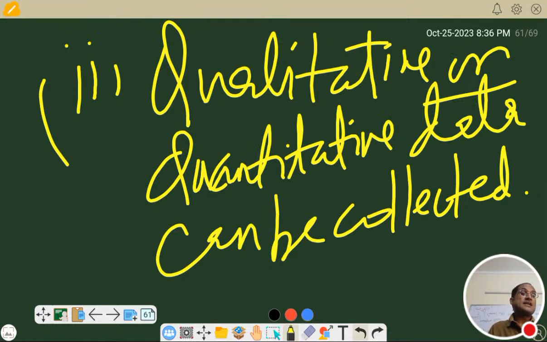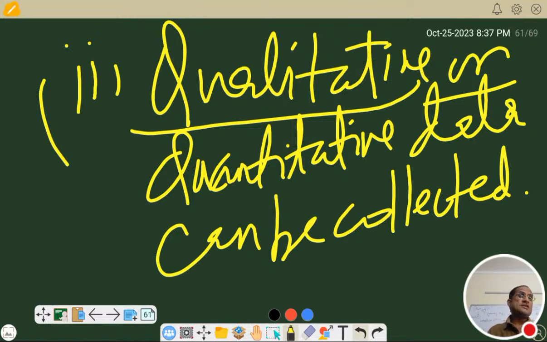This is called smartness. Qualitative and quantitative. Again, the study can be done about the severity of the problem, how long the person is suffering from this particular disease, or there may be questions like why they are suffering. The why will be answered through qualitative study, and the what will be answered through quantitative study.